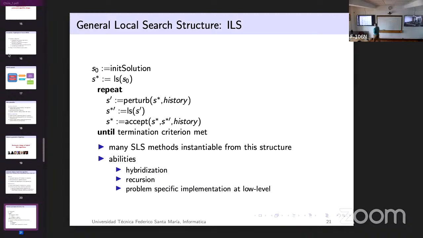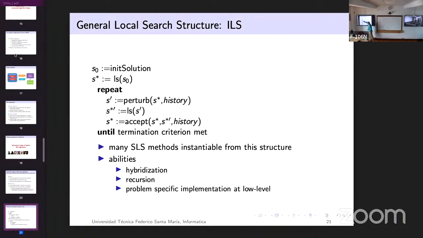So how do we use the history in the perturbation component? The history is, for example, if you have VNS, you make search 1, search 2, search 3. And this is a little bit the history of the search. VNS is an ILS. And here also the acceptance criteria.